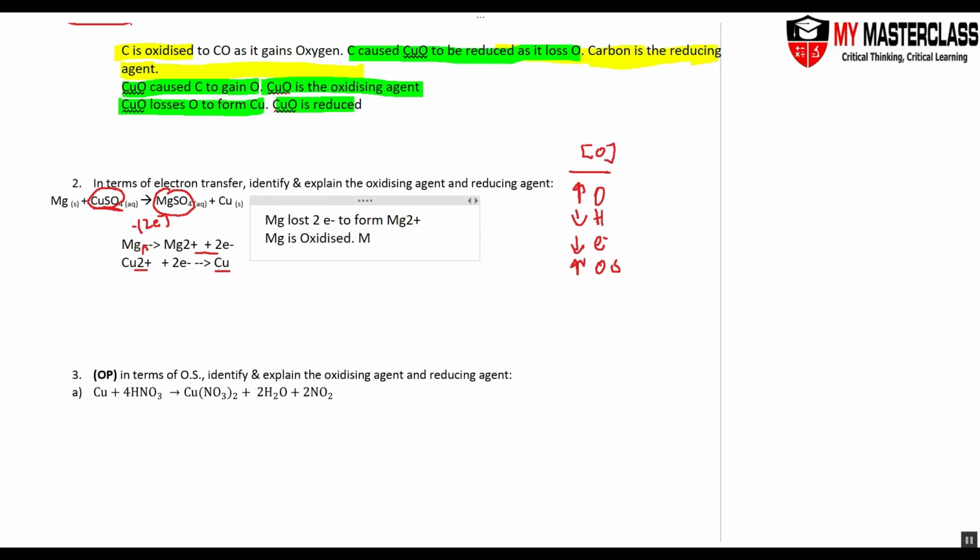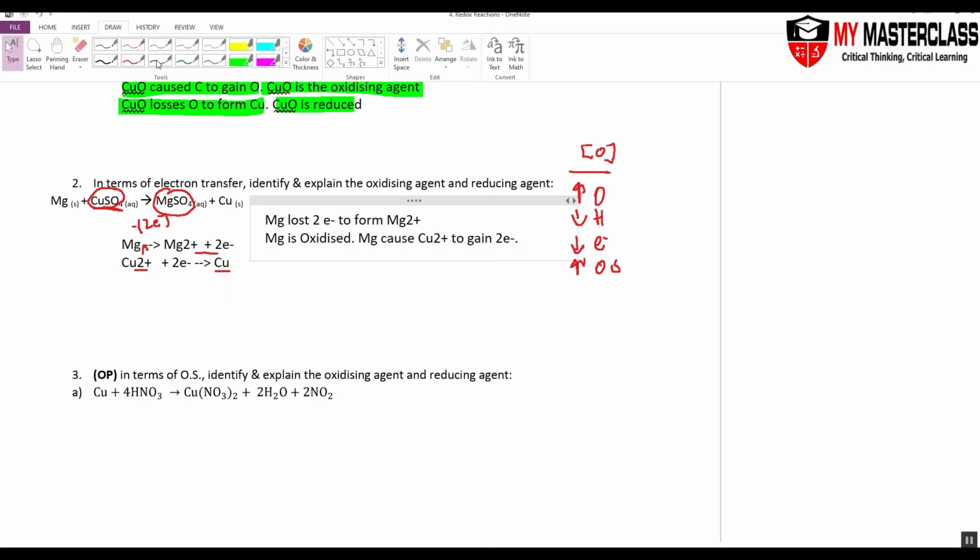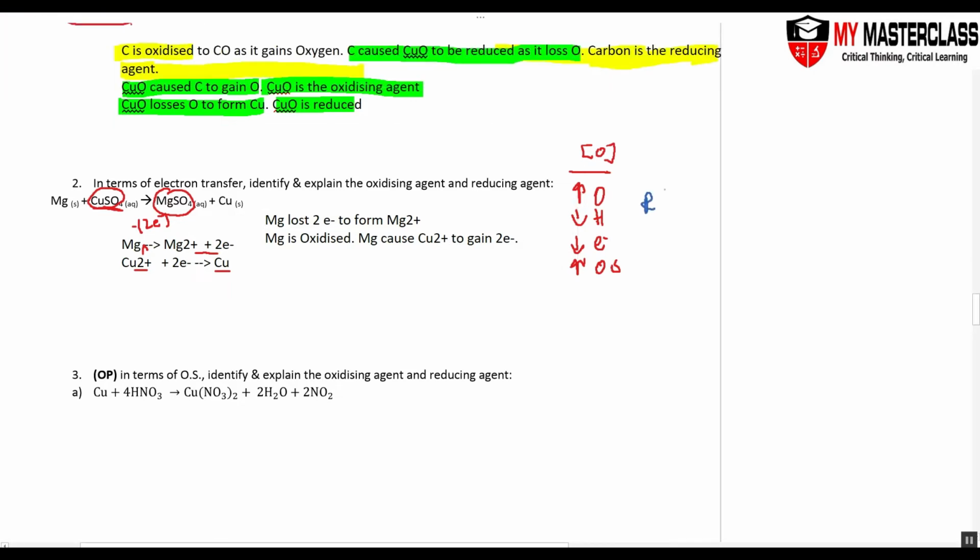Magnesium caused your Cu2+ to gain 2 electrons. Reduction is gain, so magnesium caused Cu2+ to be reduced by gaining 2 electrons.